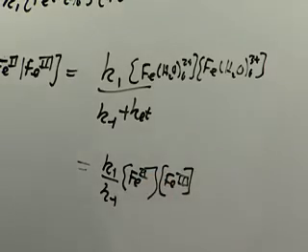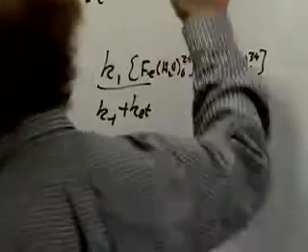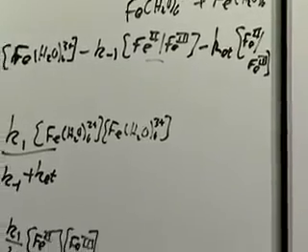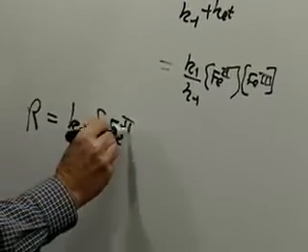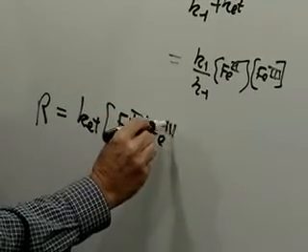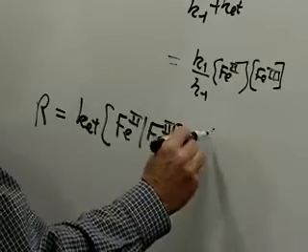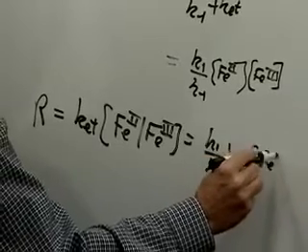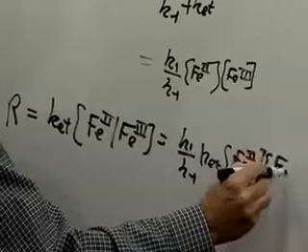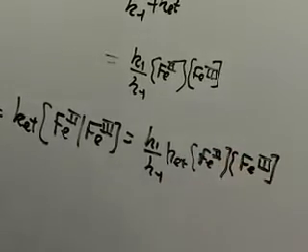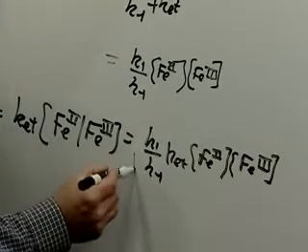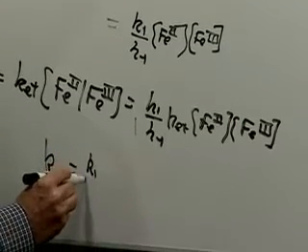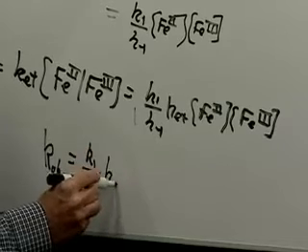The rate of the overall reaction is just the rate of this step, so it is kET times [Fe2Fe3], which is k1 over k minus 1 times kET times [Fe2][Fe3]. So this is now my k observed, my rate constant: k1 over k minus 1 times kET.